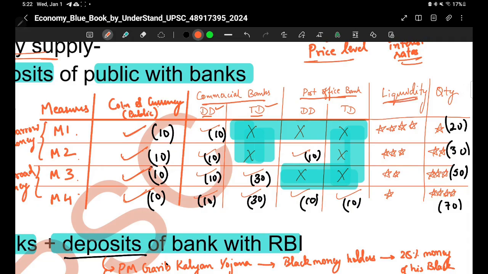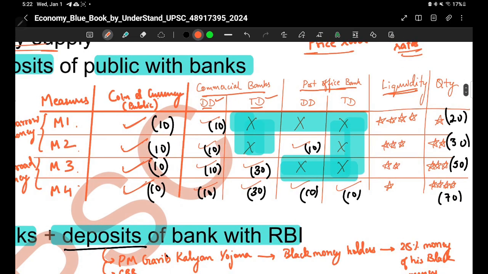Liquidity means how liquid the money is, how easily you can use that money. And quantity means how much quantity is there in the supply in the economy. Now M1, for M1 you take this second row, that's all. For M2 you take this, and you take the post office demand deposit. M3 you take this, and take this. M4 take all of them.